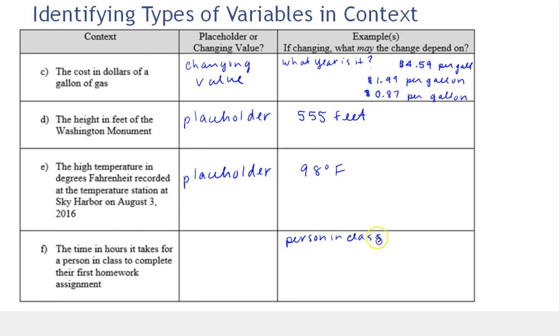It may take them a different amount of time to complete the assignment. So this would be a changing value. And it could depend on other things as well: everybody's experience with math, how long it's been since you've taken math. So this could depend on a lot of different things, but I'm just picking one.